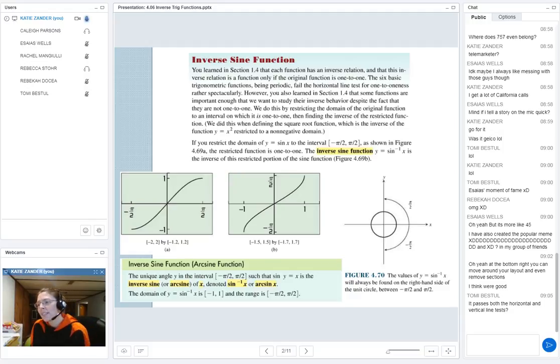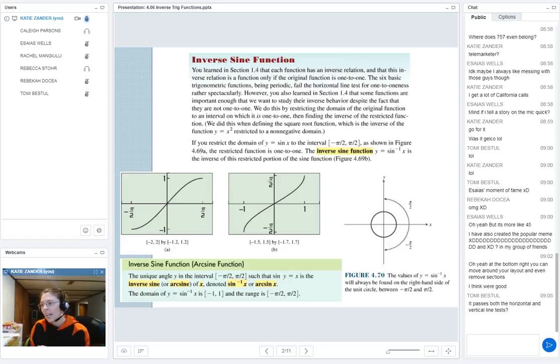Awesome. It passes both the horizontal and the vertical line test. So the vertical line test is what we use to decide if a relation is a function, first of all, right? So it's got to pass the vertical line test. And then we use the horizontal line test to see if it's going to be one-to-one, which basically means that the inverse of that function is also going to be a function.